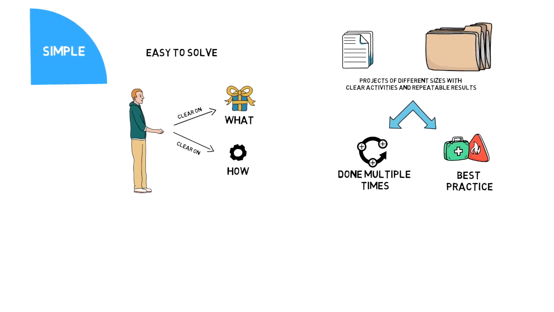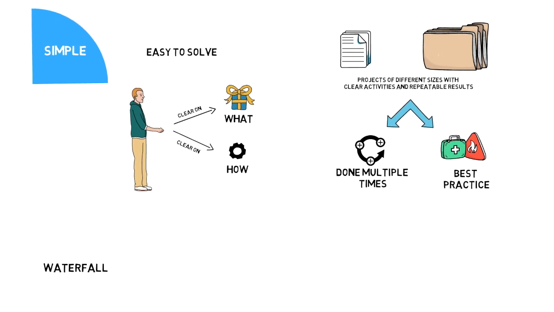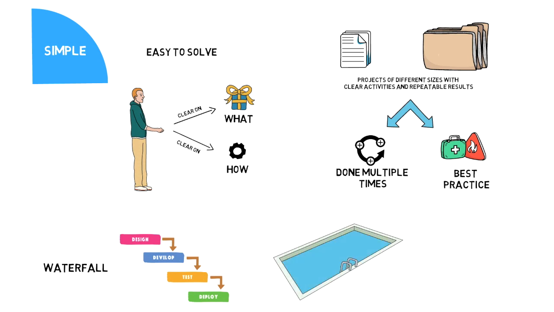In this area, traditional methods and approaches such as Waterfall are most effective. An example could be building a swimming pool. We need to first get a permit, then create a layout, then make a hole, plumb in, tiles, and so on. This work has been done so many times, and it's clear what we need to do and how to do it.